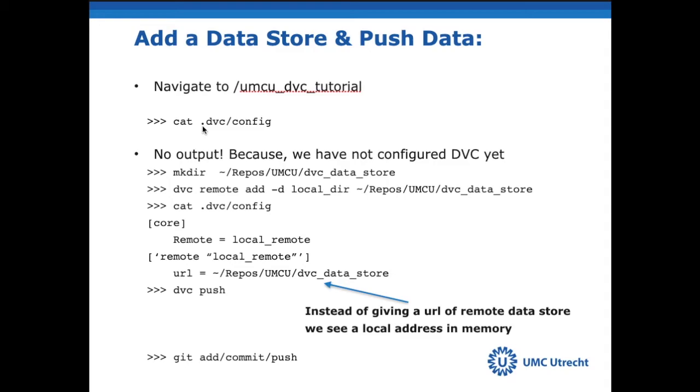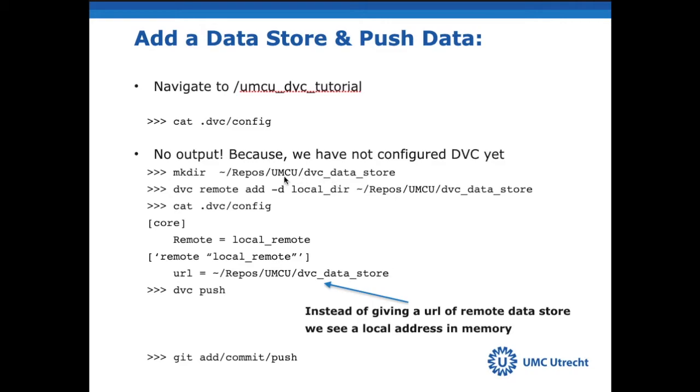I already told you that down the road, we're going to see what the merit of that is. Inside one of those files, .dvc, there is a config file. So here you can really specify how you would like your data version control to interact with the data. Where do you want it to store it? So to set this configuration up, we will make a directory. So I will go to the repository UMC Utrecht.